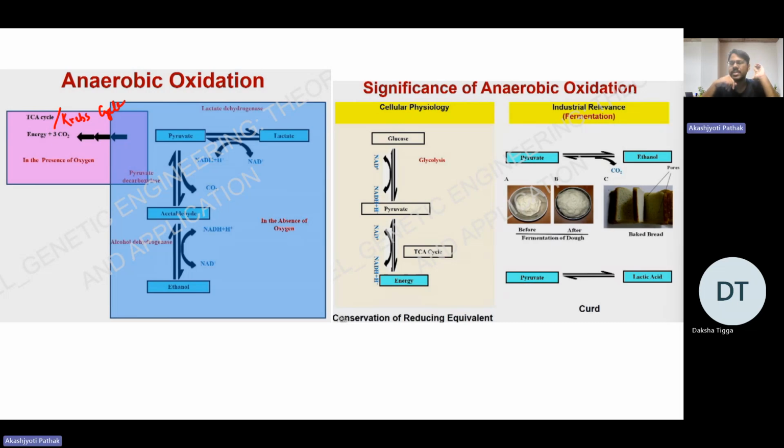So that is the significance of anaerobic oxidation. It has industrial relevance because anaerobic oxidation results in fermentation of the dough, because the carbon dioxide that is released makes the dough fluffy and soft.